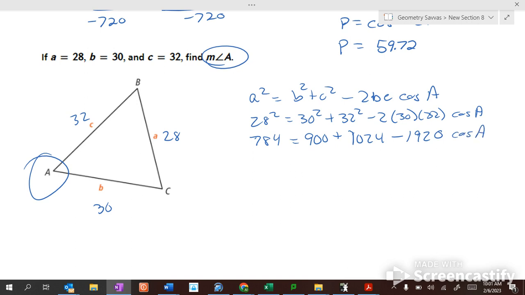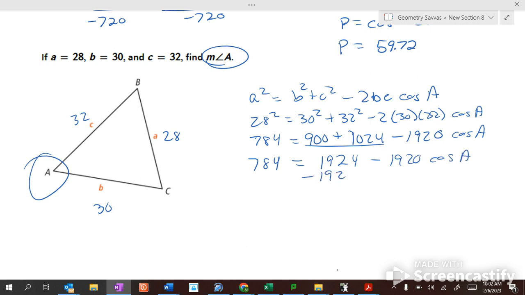Cosine of A. Okay, so 784 equals, you add these two together, so 1924 minus 1920 cosine of A.